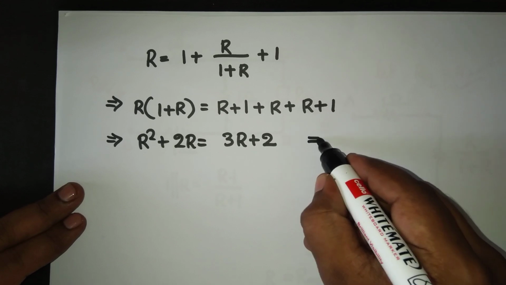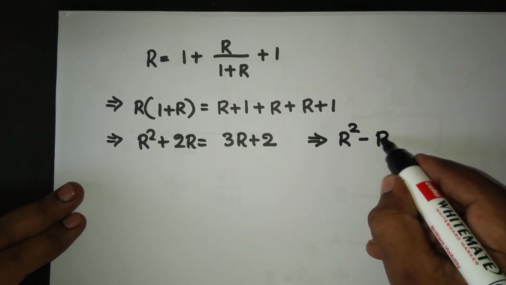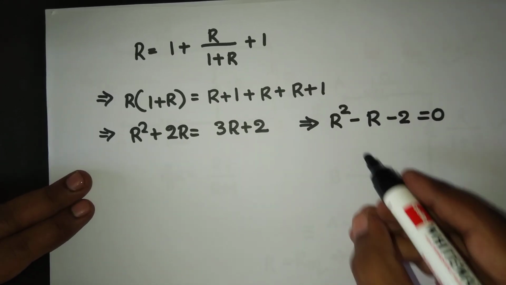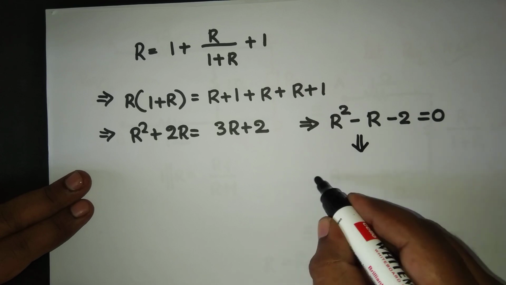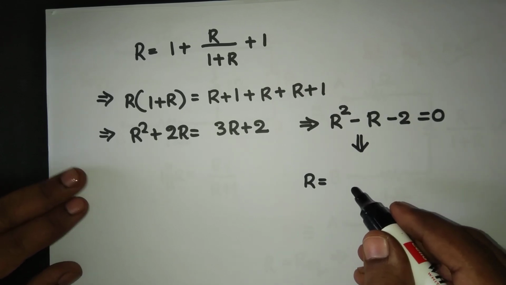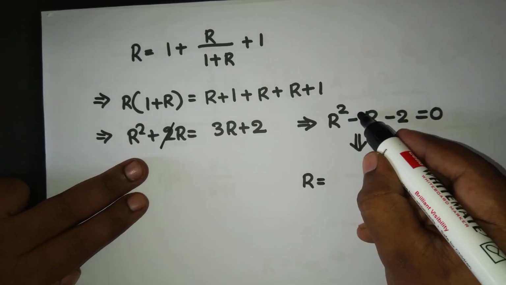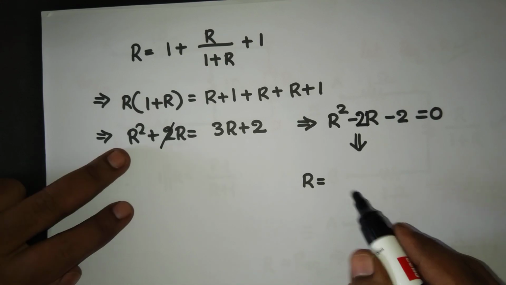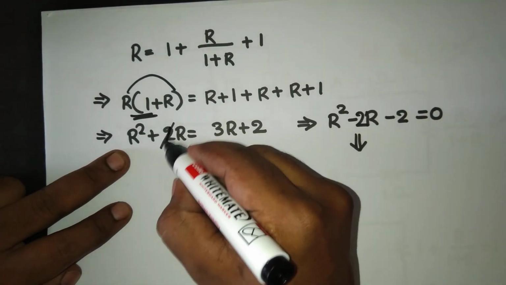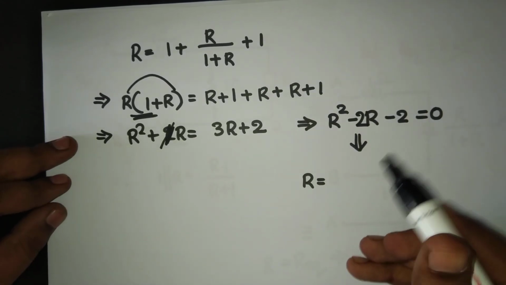Alright, now we get a quadratic equation. Further we can simplify this: R square plus R on the left, so we get R square minus 2R minus 2 equal to 0.